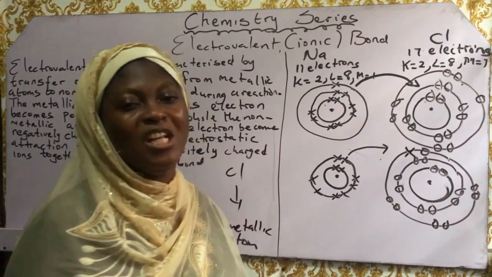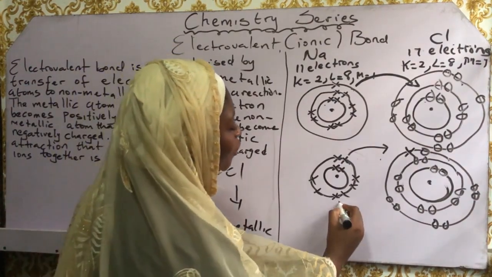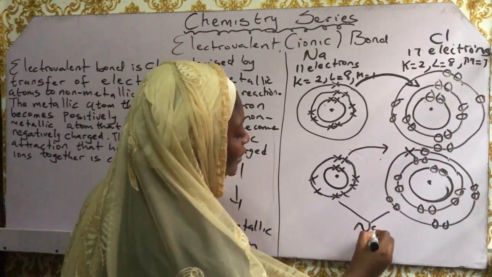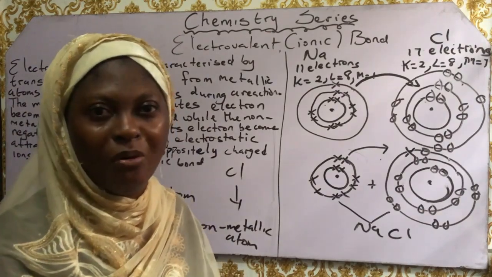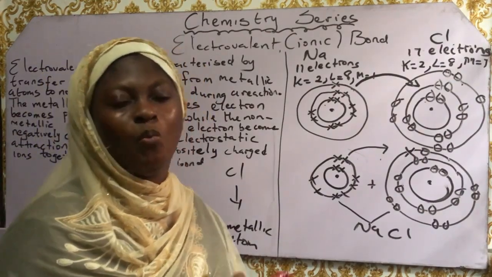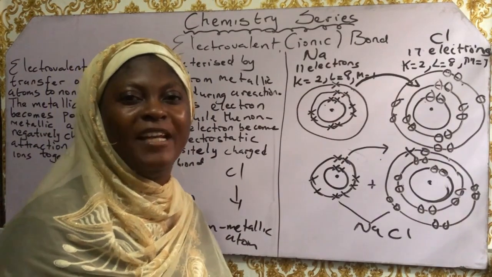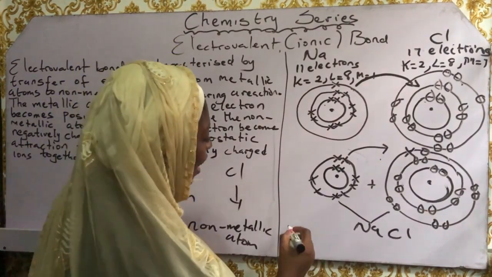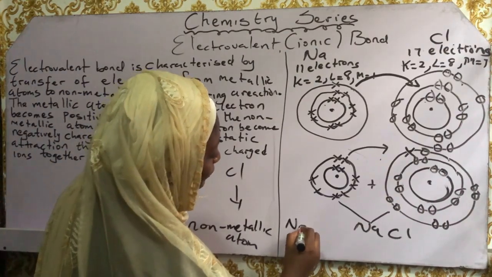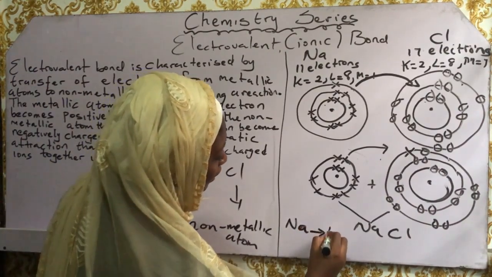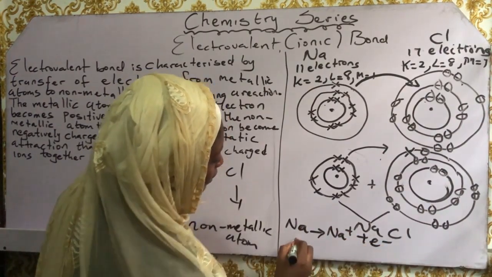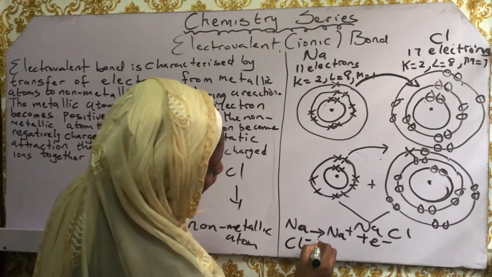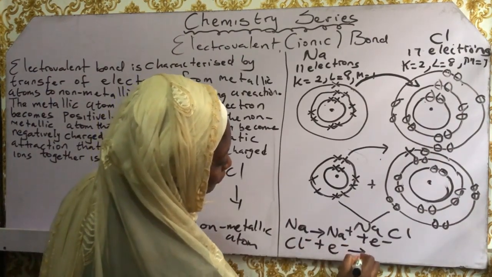What we have just illustrated here is the formation of what? Sodium chloride. In sodium chloride, sodium lost 1 electron and chlorine gains 1 electron. So what you have is sodium and Cl gains 1.